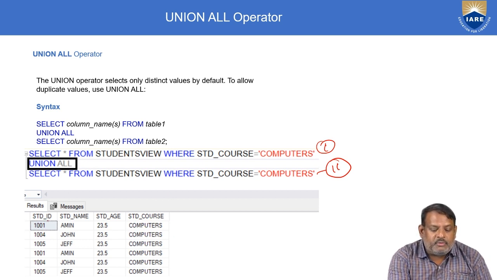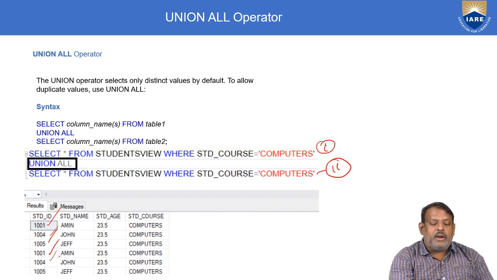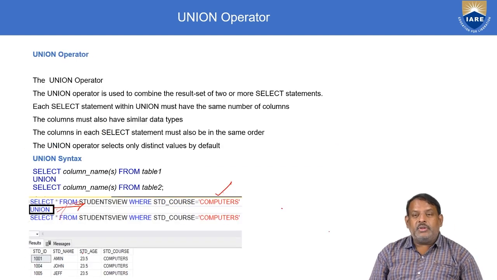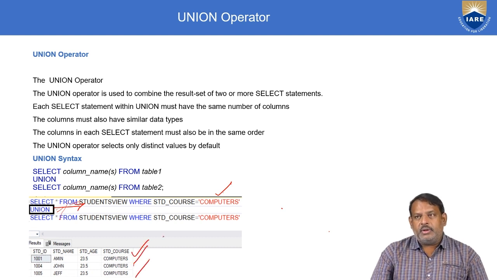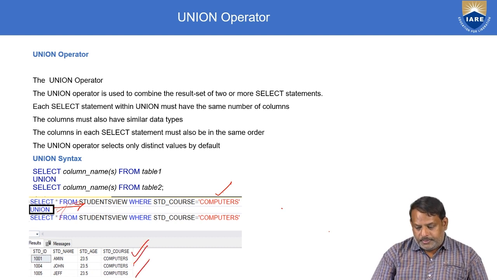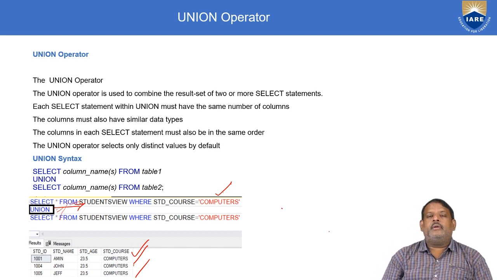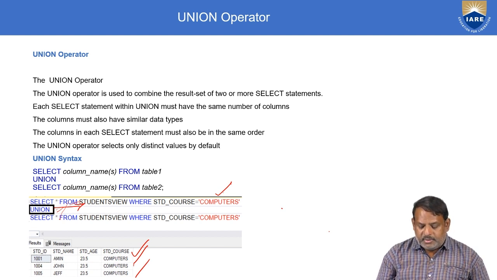So see here, 101 is there, 101 is there, 104 is there, 104 is there, 105. So totally your data is duplicated. But if you use the union operator, you will not get duplicates.